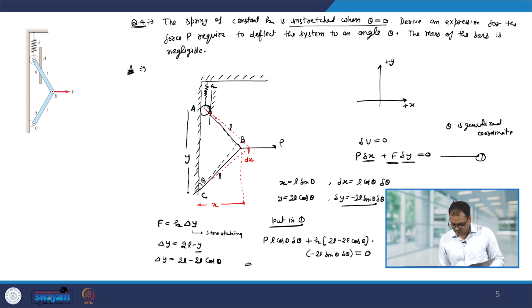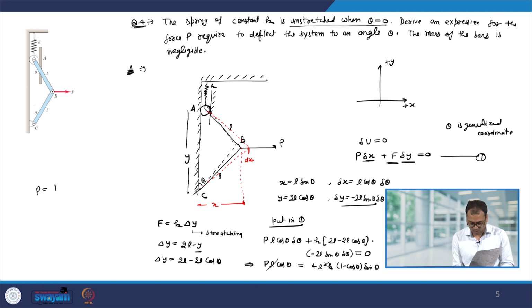So, from here we can see that P L cos theta equals 4 L square k (1 minus cos theta) sin theta. L will get cancelled and cos theta we can take to the right hand side. We will get P equal to 4 k L (tan theta minus sin theta).